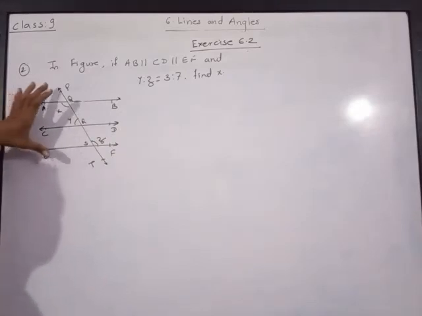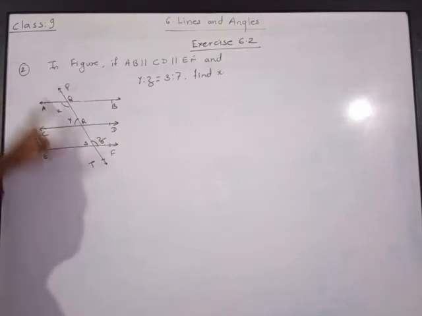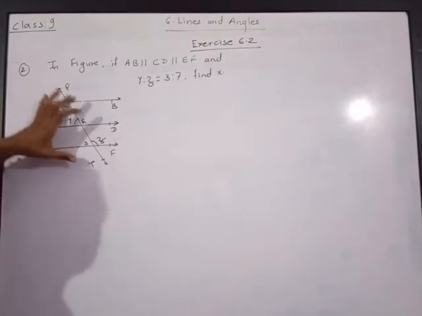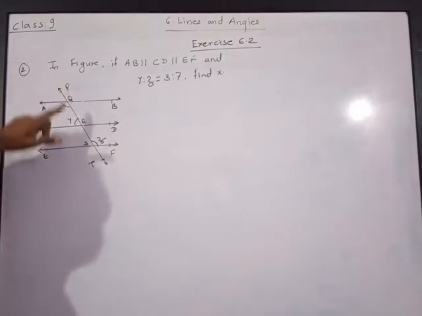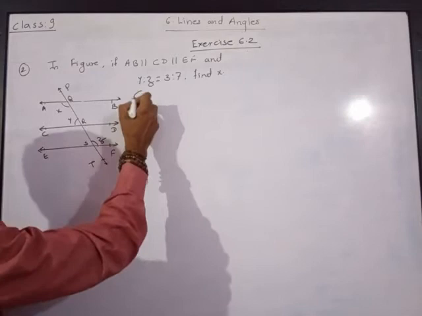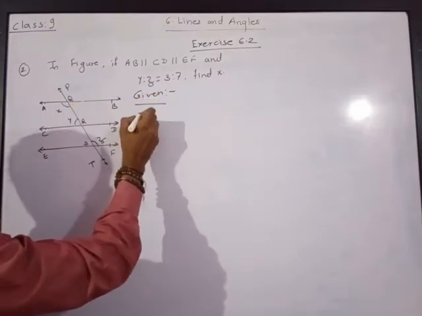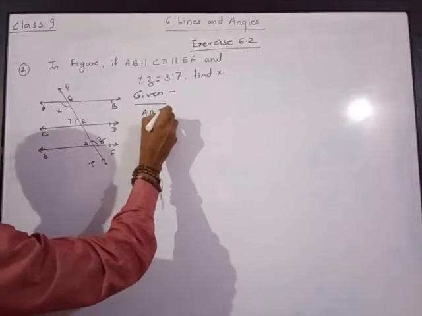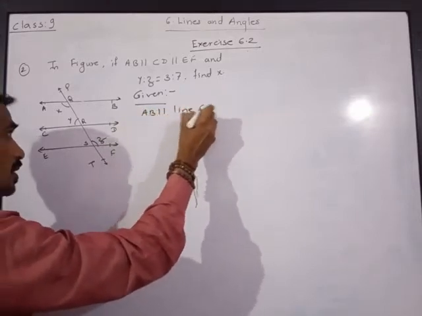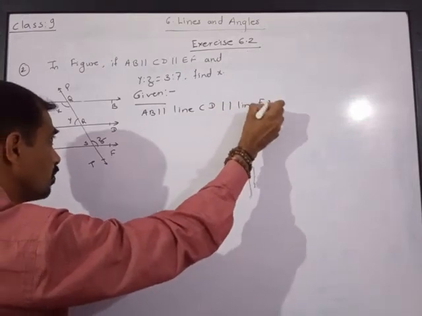Now, in order to explain, I have taken these names for the transversal, as it was not given in the text. I have taken PT as the transversal intersecting the parallel lines at Q, R and S. So write the given things. Line AB is parallel to line CD is parallel to line EF.